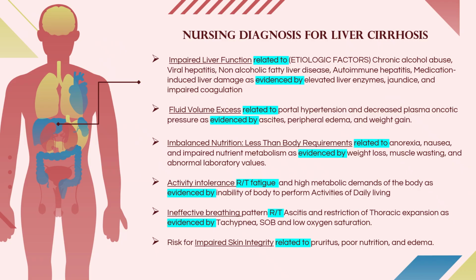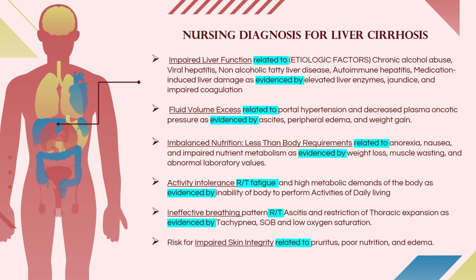Okay. Now we come to the common nursing diagnoses. We always want to give the best care, so the best priority will come first. Impaired liver function related to whatever the etiological factors are, as evidenced by elevated liver enzymes, jaundice, and impaired coagulation. Fluid volume excess related to portal hypertension and decreased plasma oncotic pressure, as evidenced by ascites, peripheral edema, and weight gain.